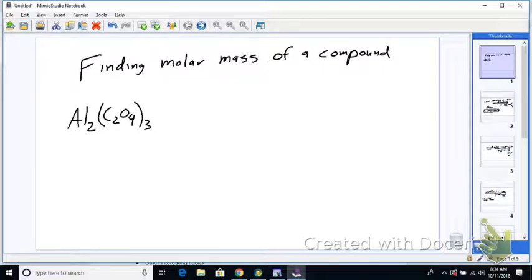A lot of the students, after a few days of doing these, won't look carbon up anymore because they'll know it's 12.01. They won't look oxygen up anymore. They know it's 16. And some of you will get to that point, you won't look it up anymore because you know what they are. And that's the nice thing about that. So when we get to tests, we know students have worked these out because they do problems pretty quick. They don't take a lot of time looking things up.